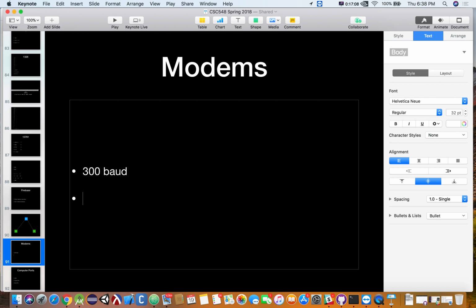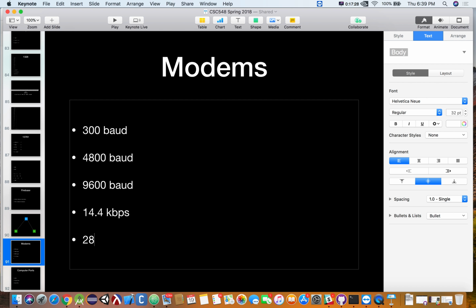Then I'll jump ahead: we had a 4800 baud, 9600 baud, then a 14400 baud or 14.4 kilobit per second modem. Then we had a 28.8, or 28,800 baud, so 28.8 kilobit per second modem.